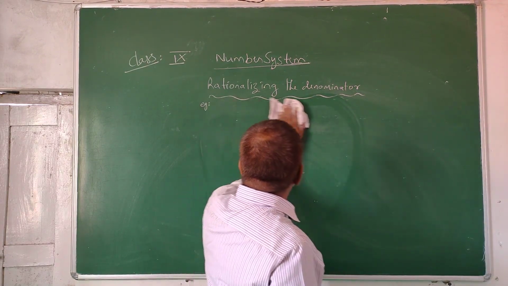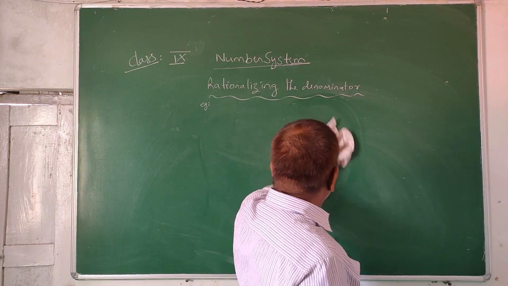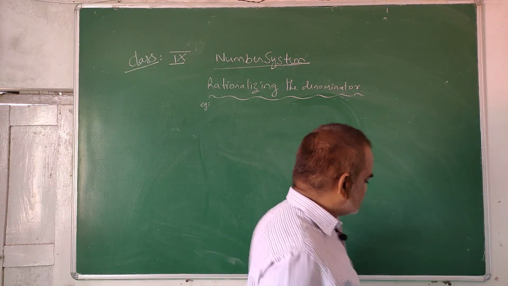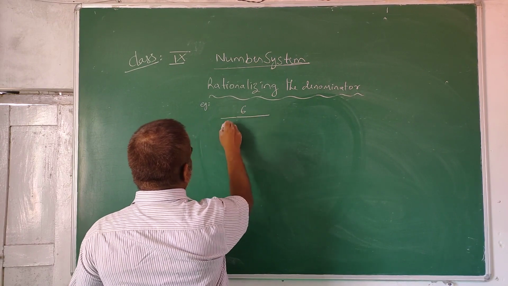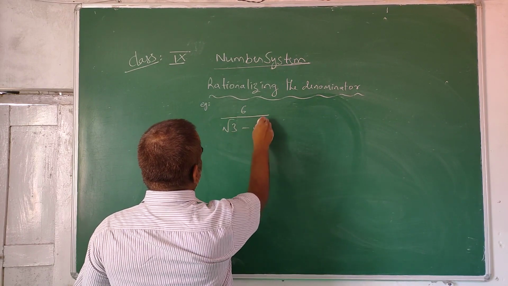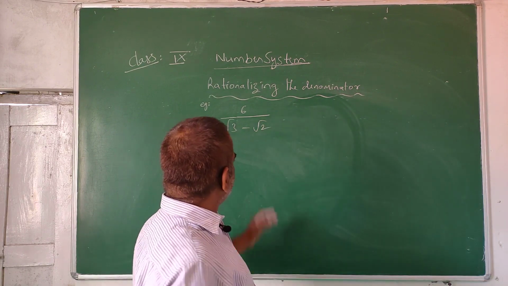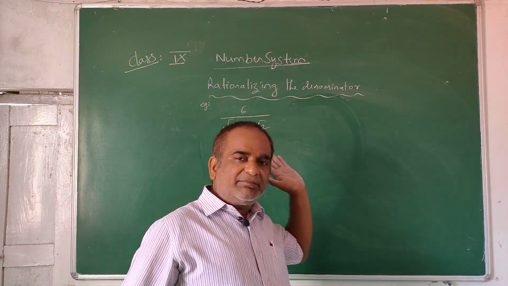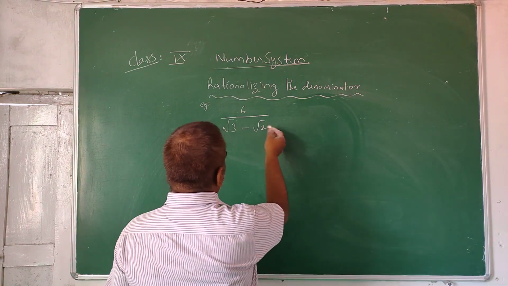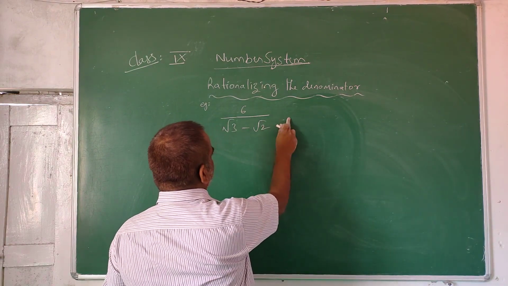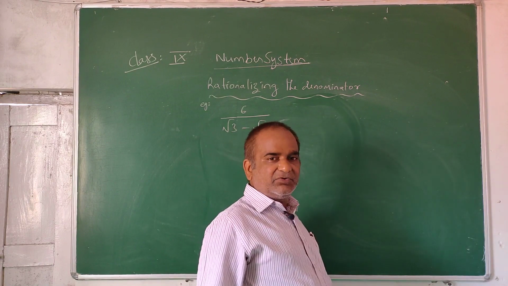Now, suppose you want to rationalize 6 by root 3 minus root 2. For this kind of fraction, you have to multiply and divide with its conjugate. The conjugate of root 3 minus root 2 is root 3 plus root 2.